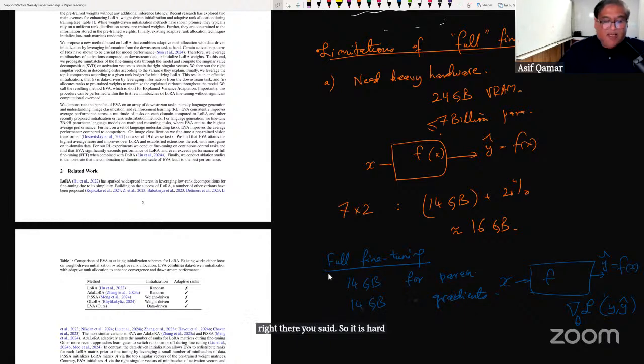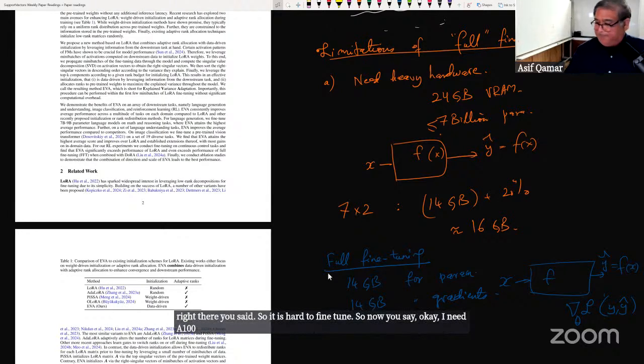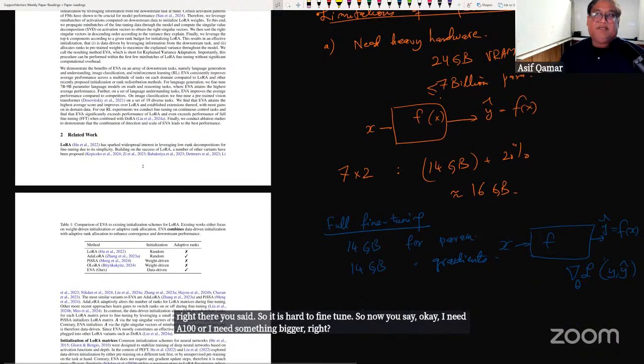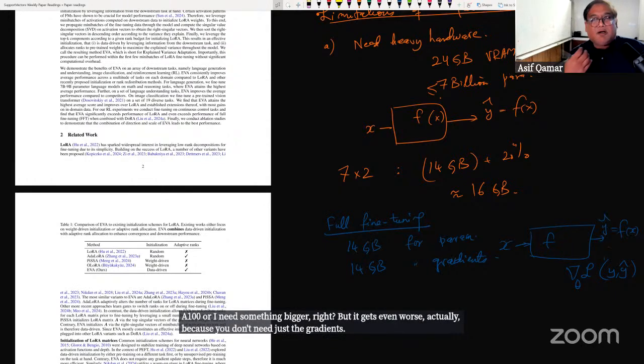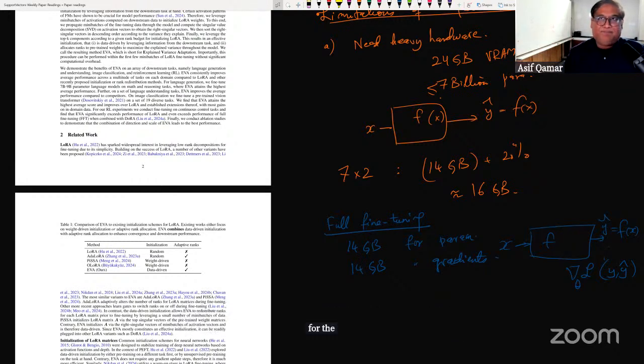So now you say, okay, I need an A100 or something bigger, right? But it gets even worse actually, because you don't need just the gradients. If you use any of the modern optimizers for the learning step, and just to whet your recollection, your learning step is theta next is equal to theta minus some learning rate scheduler and some function of the gradient of theta.